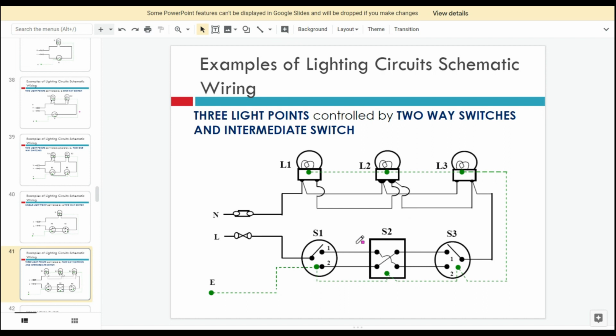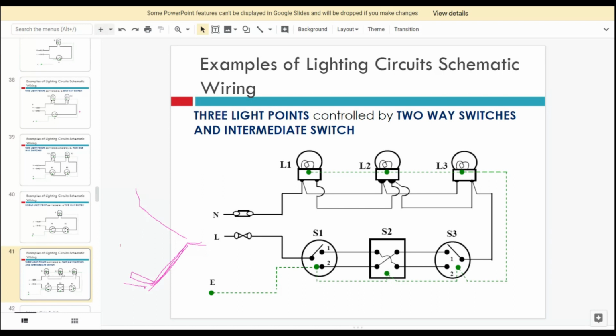Basically, if we have stairs and then we have three switches. The drawing is not too okay, but hopefully you can understand. So this is a stairs.